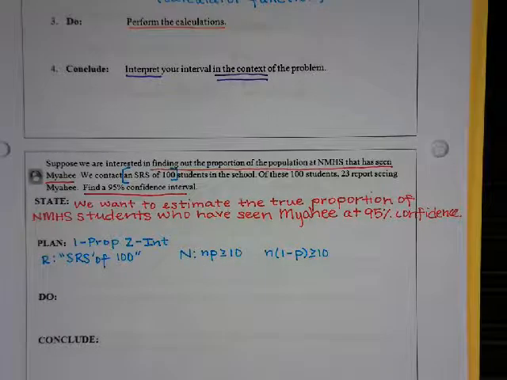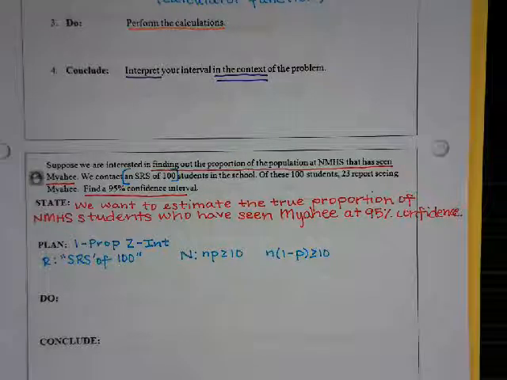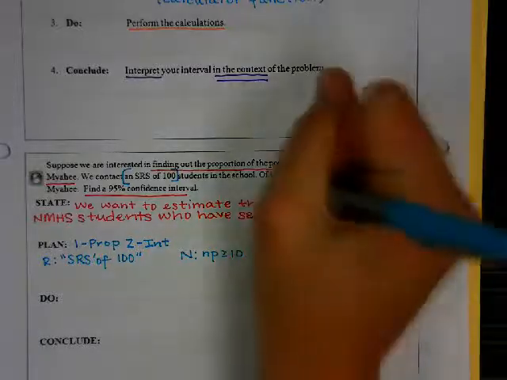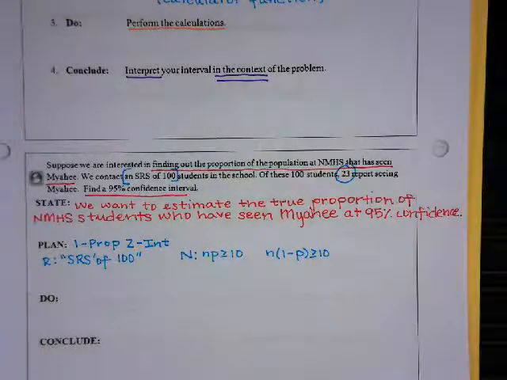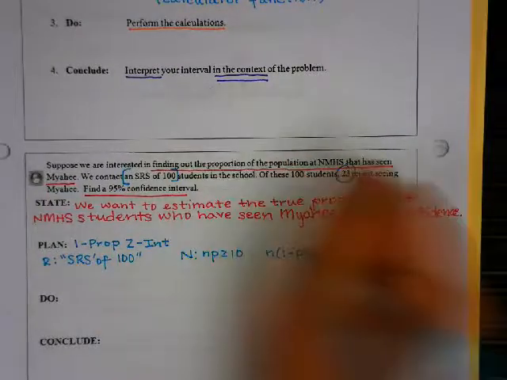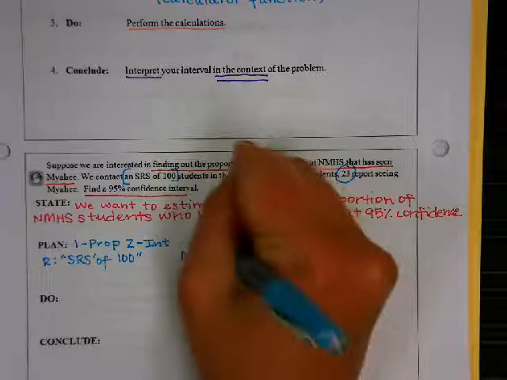Now, this one, there's two ways we can look at it. N times p, the actual number, is given in the problem, in the paragraph. So it tells us of the 100 students, 23 report seeing it. This goes back to the binomial setting, and this represents the number of successes, and the other one represents the number of failures.